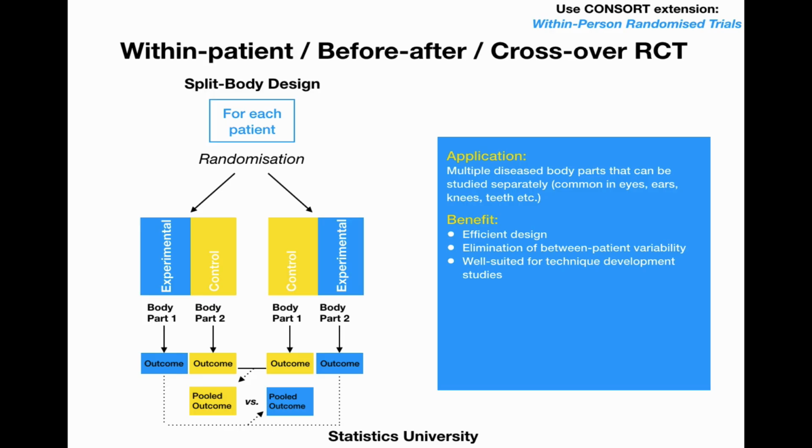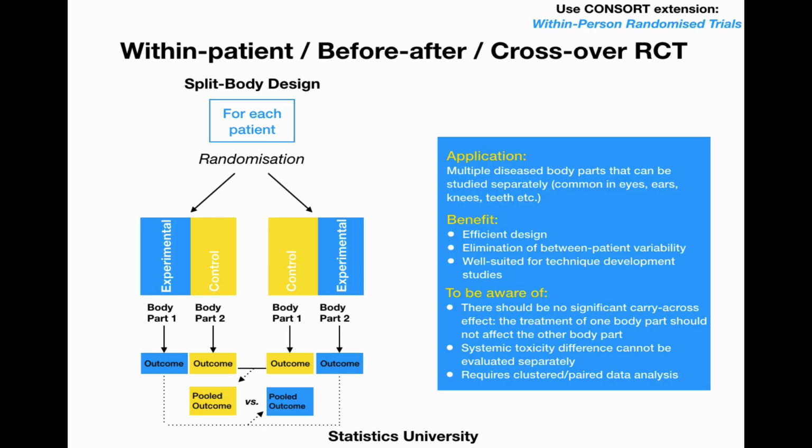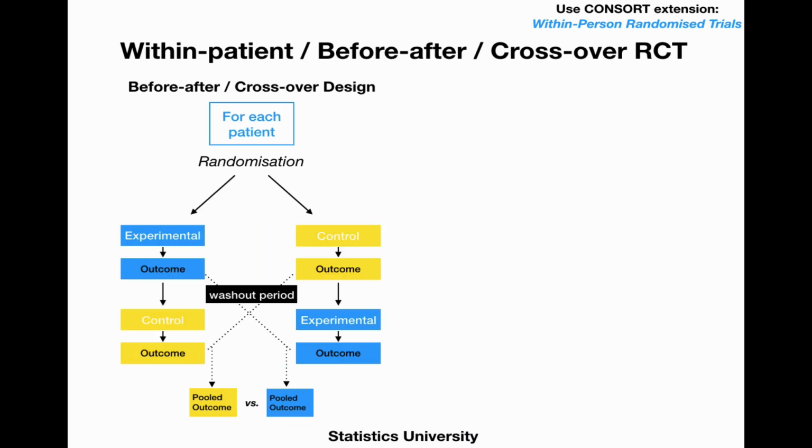And it's well suited for technique development studies, like a surgical technique. But you should be aware of certain things. So there should absolutely be no significant carry across effect. The treatment of one body part should not affect the other body part. And systemic toxicity differences cannot be evaluated separately. And of course, because these are clustered or dependent data, they require a more complex analysis.